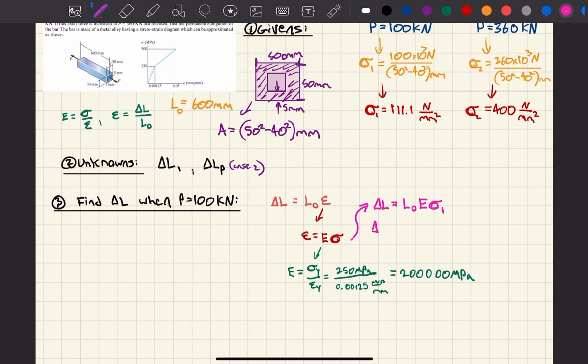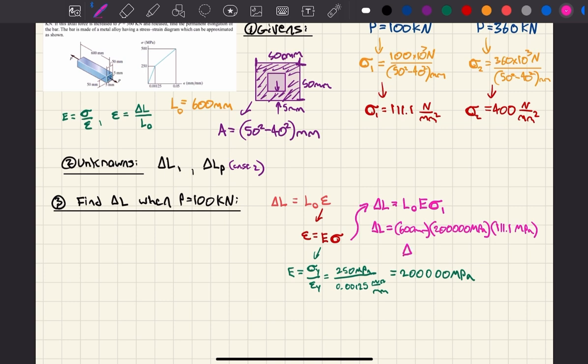If I plug in my numbers, I get 600 millimeters multiplied by 100.1 megapascals over 200,000 megapascals. Let's just check my calculations. Yep, it's going good.